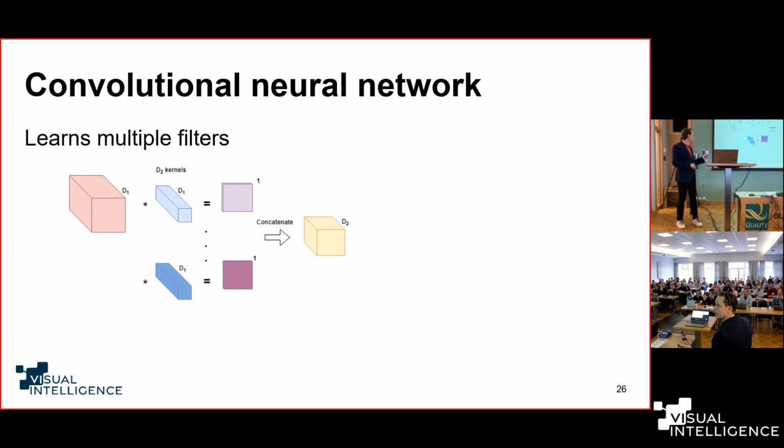So we take this input, I want to learn a lot of filters, and I concatenate the outputs at the end. If I say I have D2 kernels here, the output image will have D2 channels. Instead of 3, like in RGB, we can have as many as we want. In a hyperspectral image or whatever, it could be hundreds. I want to learn those, and I will have multiple filters at each stage.